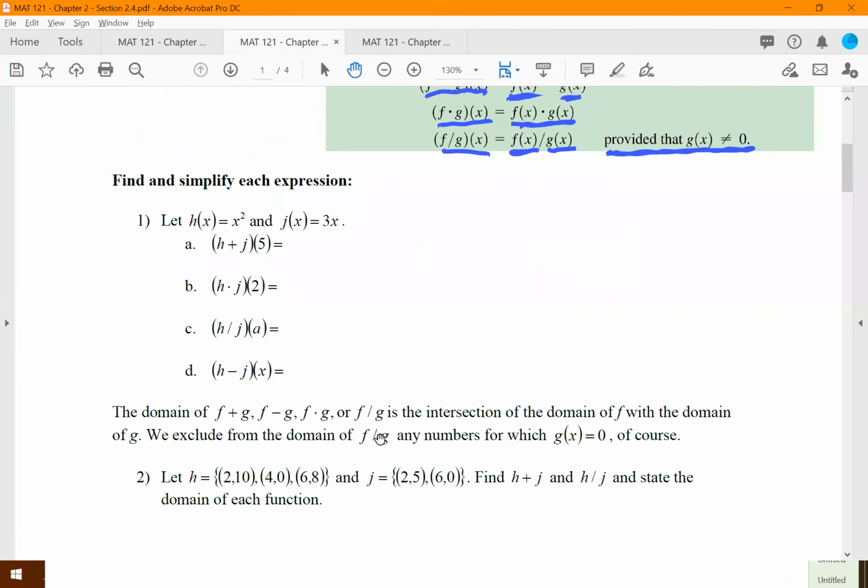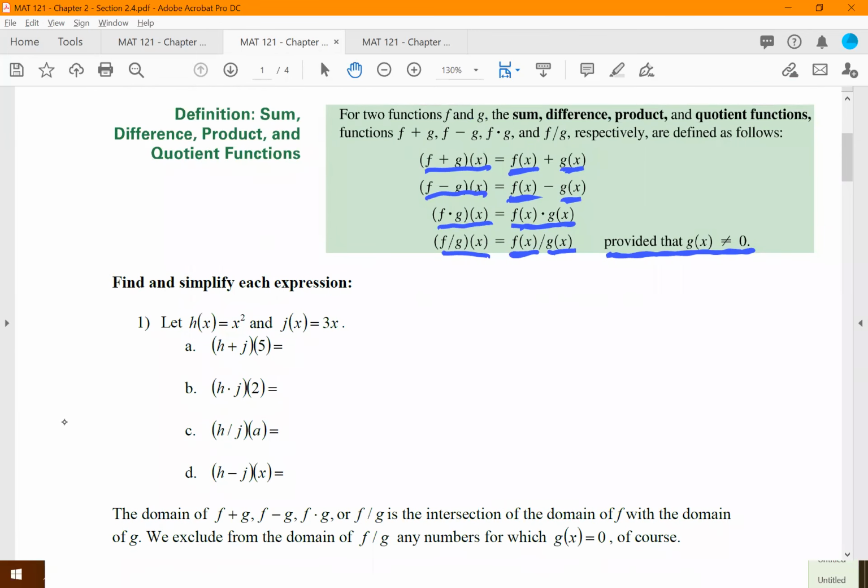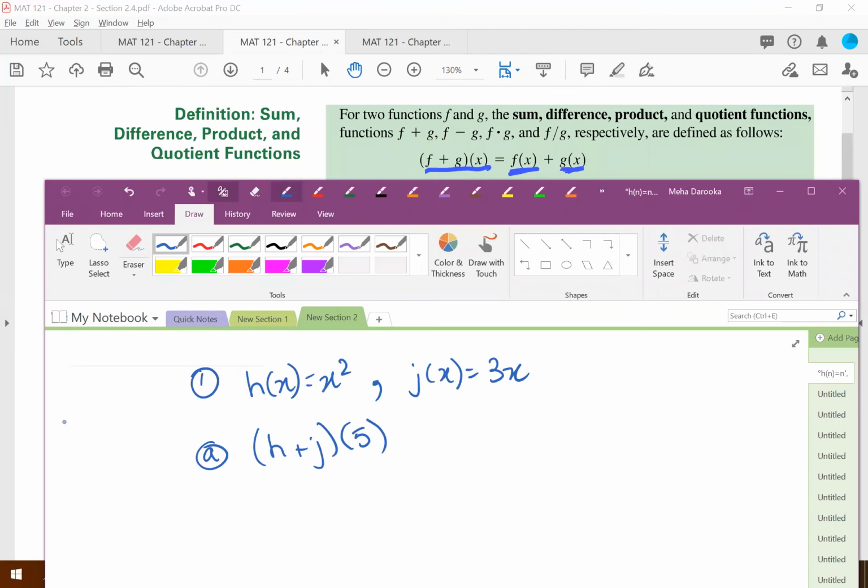So using the definition that's given to us here for the sum function, that actually means you will be taking the h function evaluated at number 5 and adding it with the j function, again evaluated at the number 5, which means we need to go to each one of our h and j functions and plug in for the x value the number 5 and see what answers we come up with.